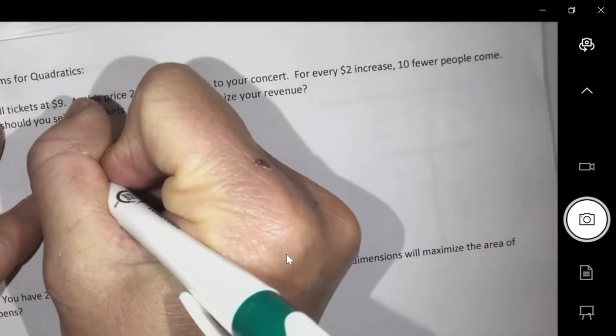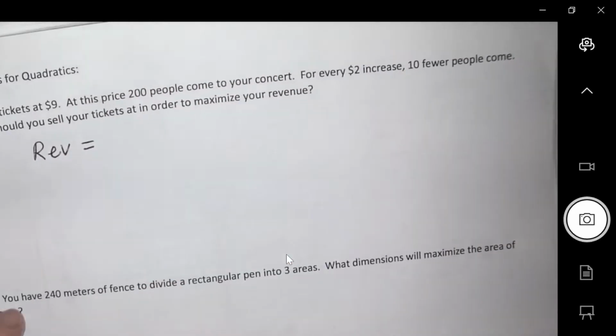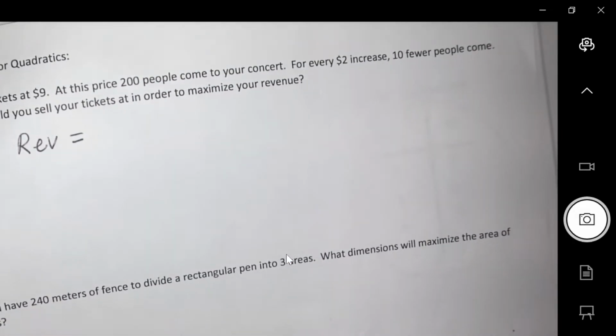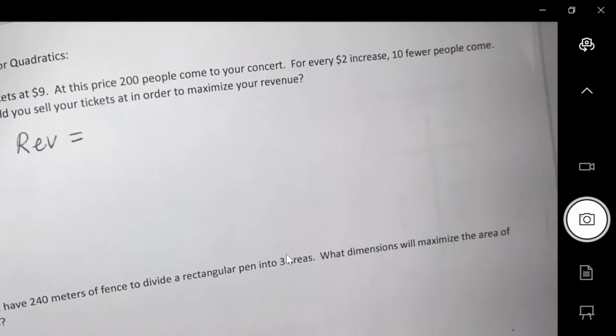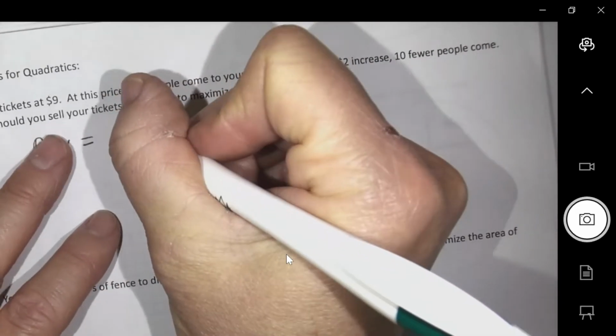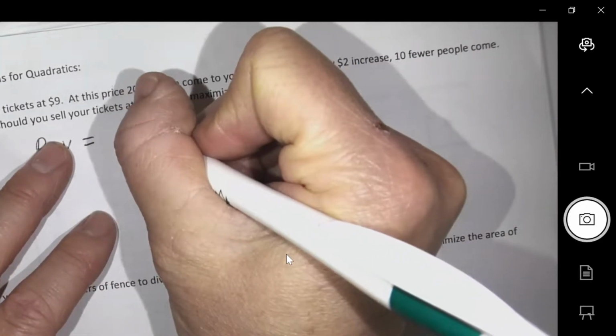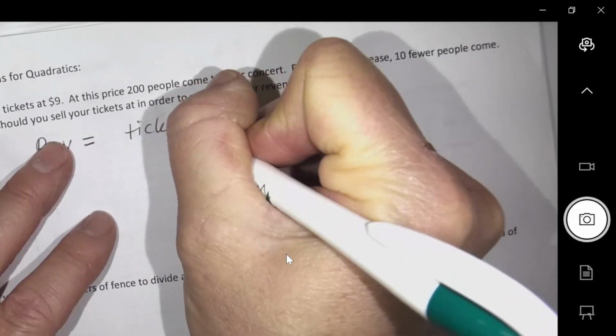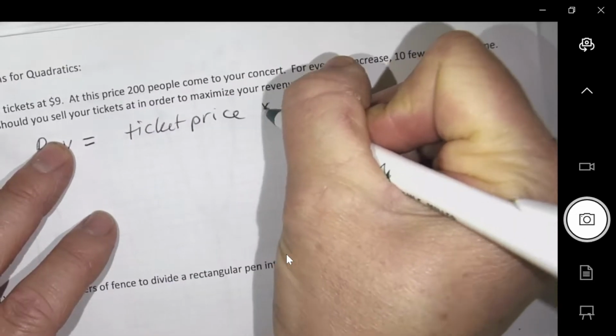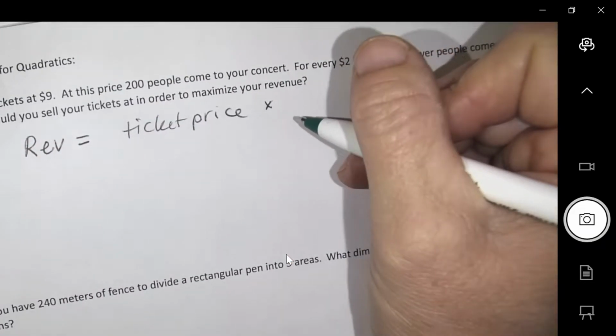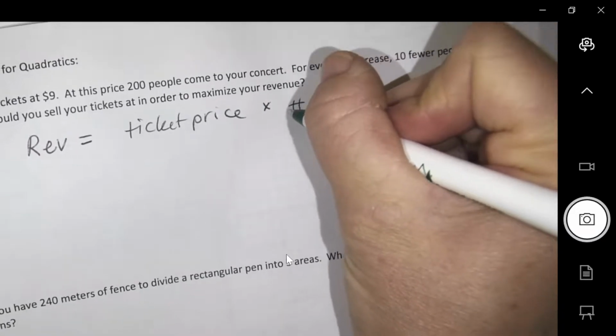Okay, so revenue equals, in words, how would you figure out the revenue of doing a concert? Ticket sales times the price. So ticket price, I'm going to write first, times, can I replace ticket sales with just the number of people?